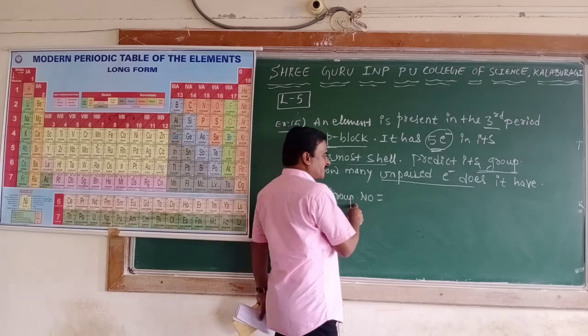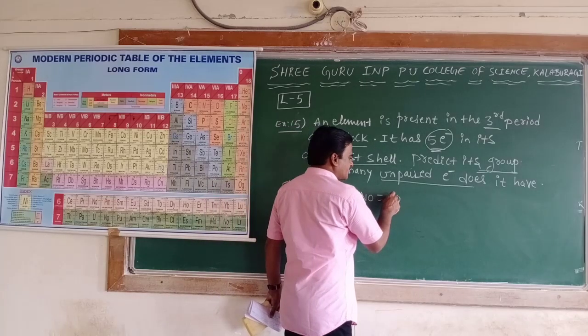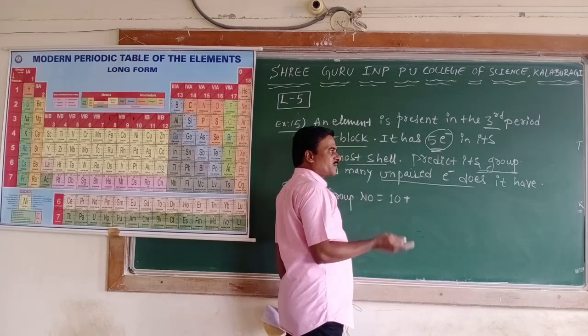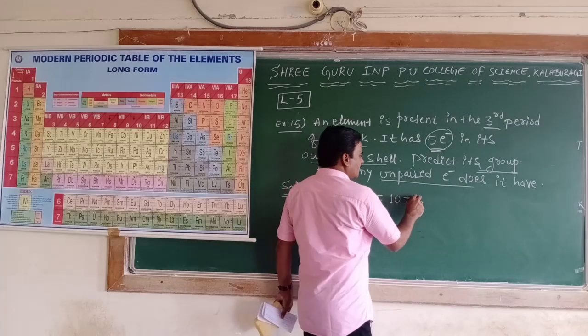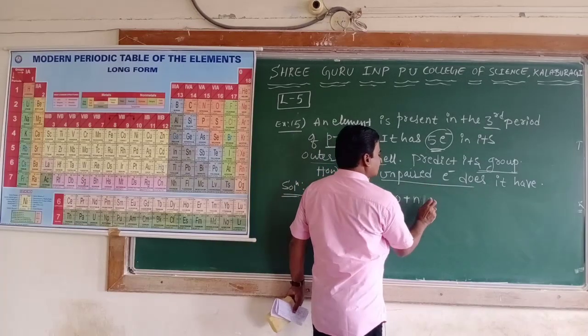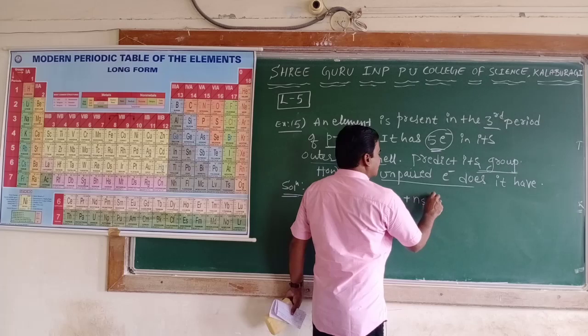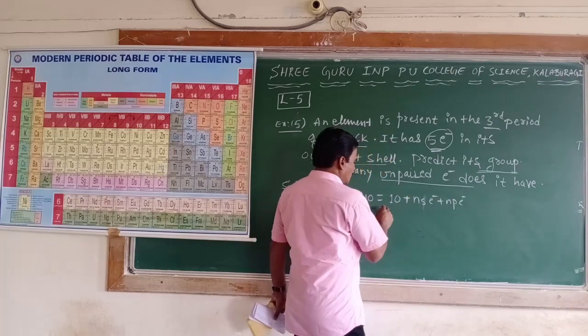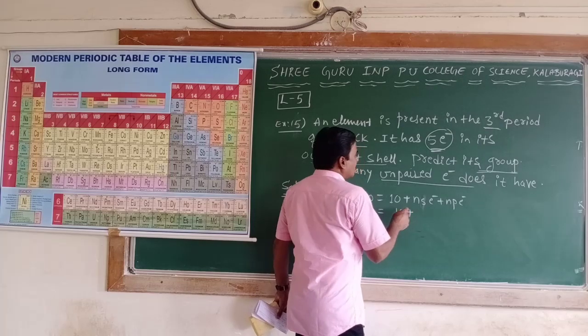The group number of a p block element is calculated as 10 plus the number of ns electrons plus the number of np electrons.